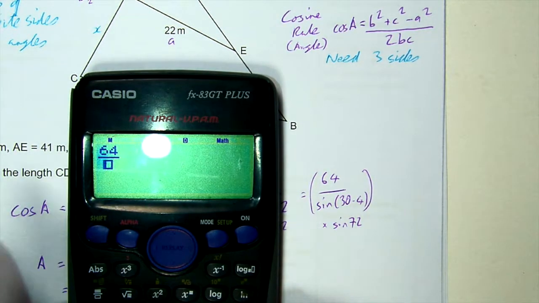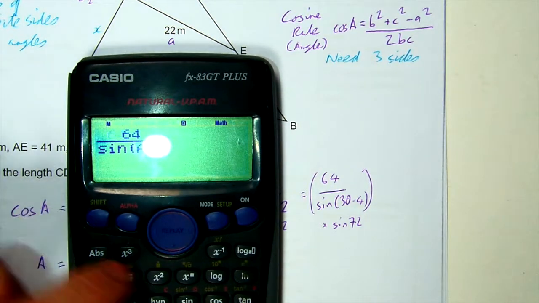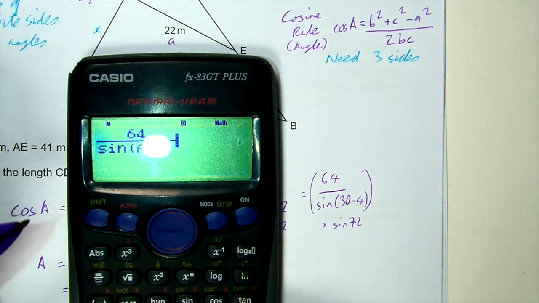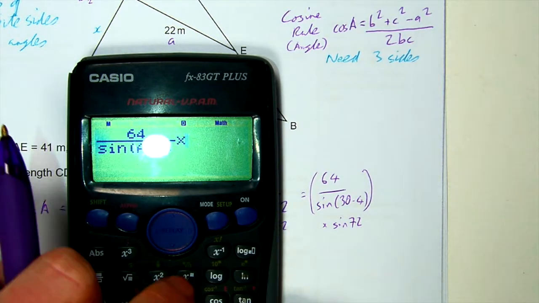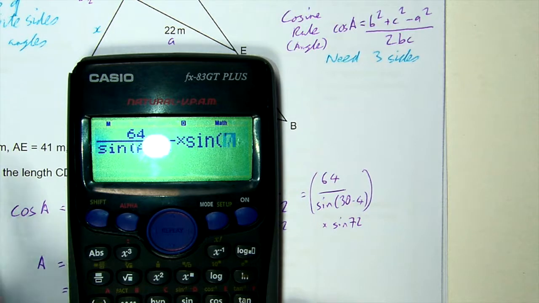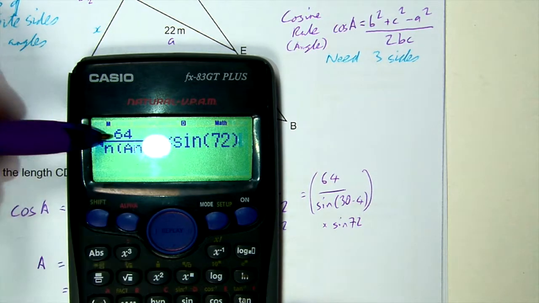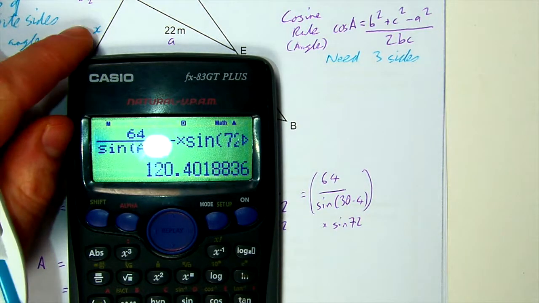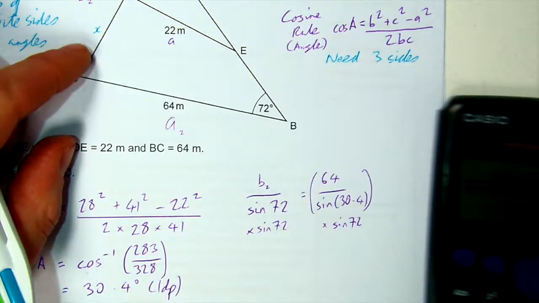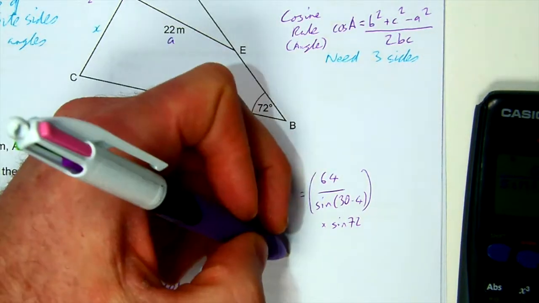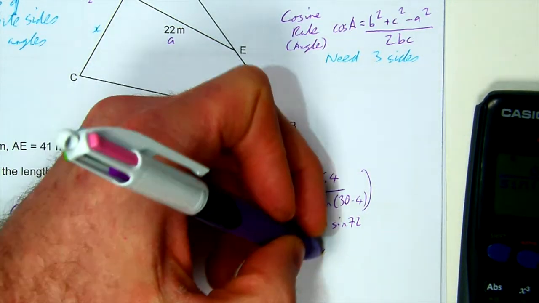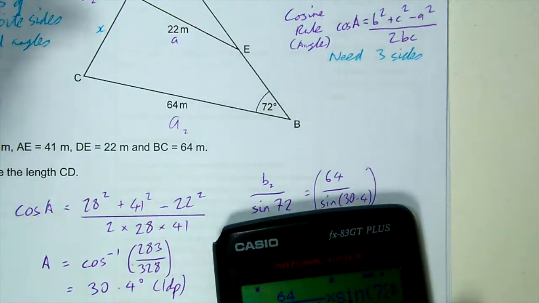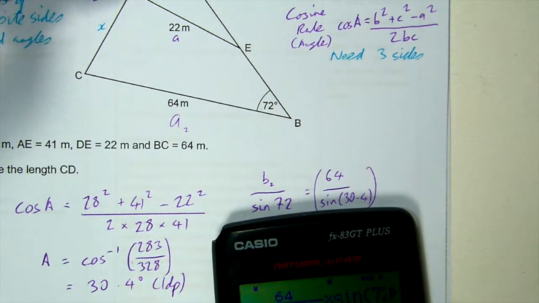So 64 over sine. Now I still had the answer from before, so I'm going to use the answer button again. Then I press the arrow across, times, and then we're going to times that by sine 72. So it's going to do that fraction times sine 72, and I'm going to get my answer there of 120.4.